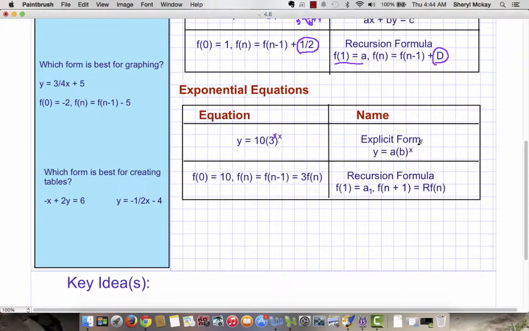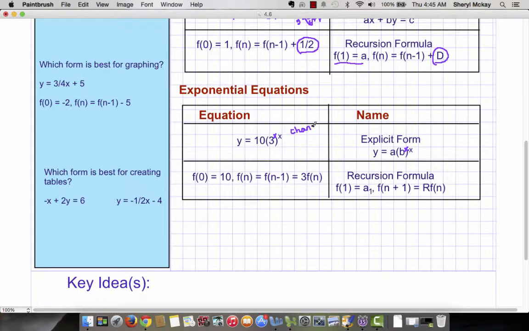And our explicit form looks like this: y equals a times b to the x power. Okay? Y equals a times b to the x power. And in this situation with exponential functions, if you remember, we have a change factor, or a constant ratio.